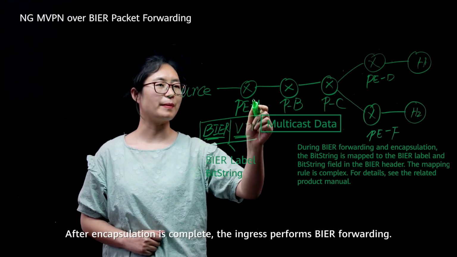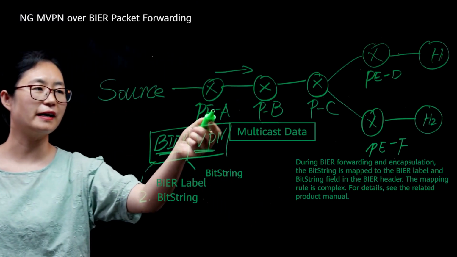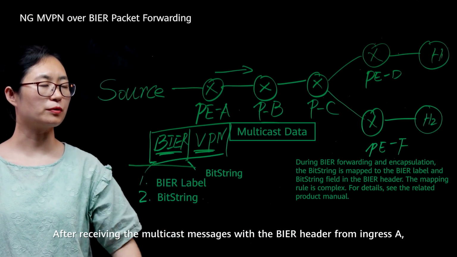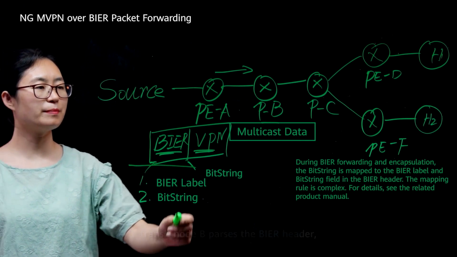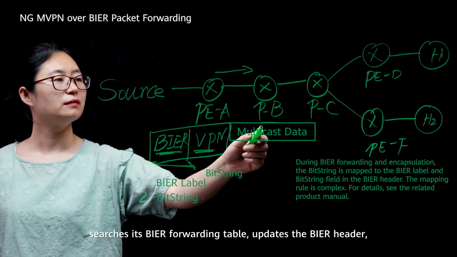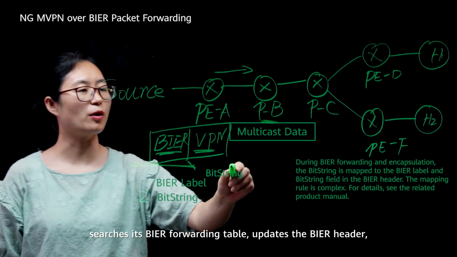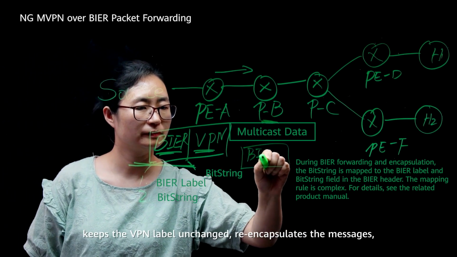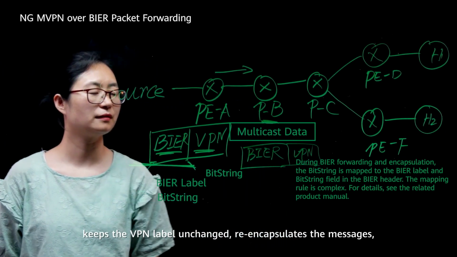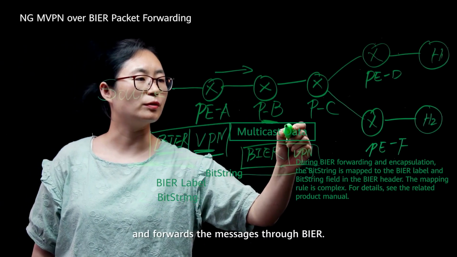After encapsulation is complete, the ingress performs BIER forwarding. After receiving the multicast messages with the BIER header from Ingress A, Transit node B parses the BIER header, searches its BIER forwarding table, updates the BIER header, keeps the VPN label unchanged, re-encapsulates the messages, and forwards the messages through BIER.